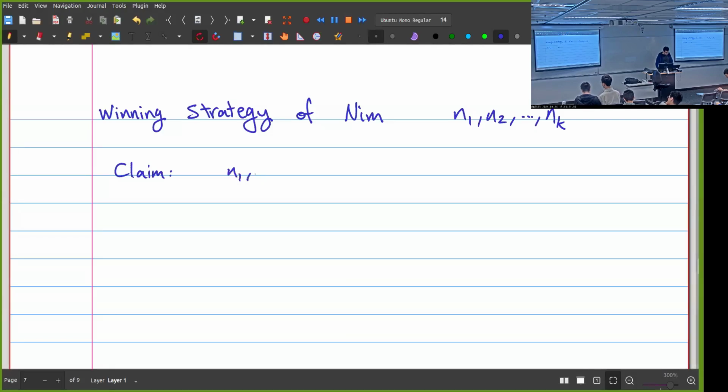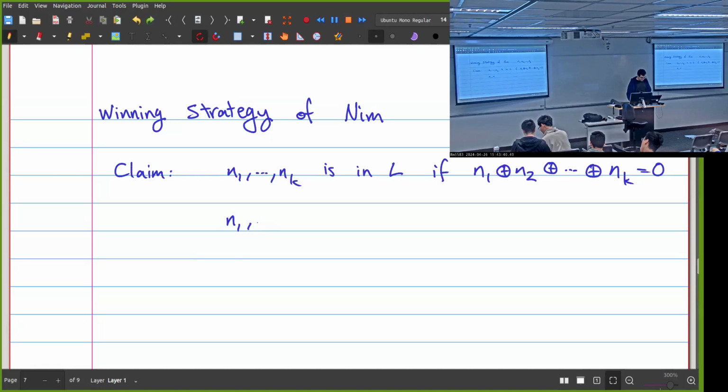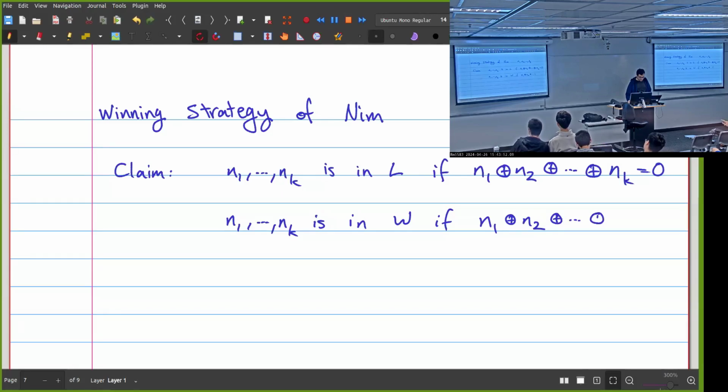So I say n1 to nk is a losing state if n1 XOR n2, and so on, to nk is 0. And similarly, I say that n1 to nk is a winning state if this XOR is anything other than 0.